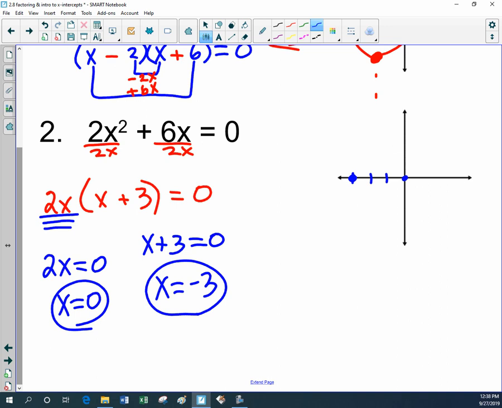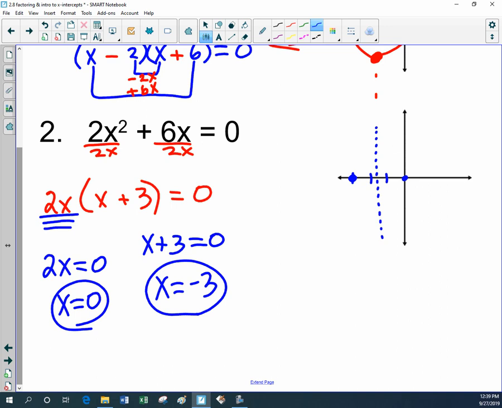Okay, so now, where's halfway between 0 and negative 3? Negative 1.5, right? So negative 1.5, halfway between negative 1 and negative 2. Okay, so the vertex is going to be on this line, right?